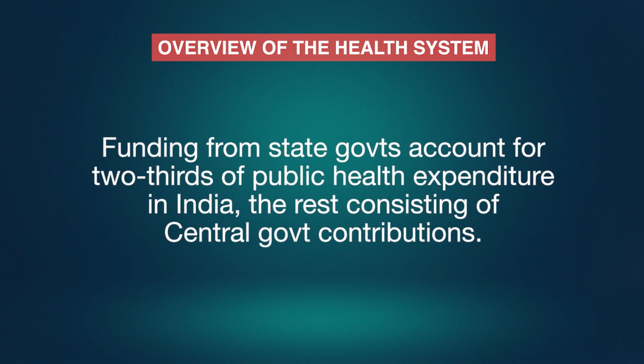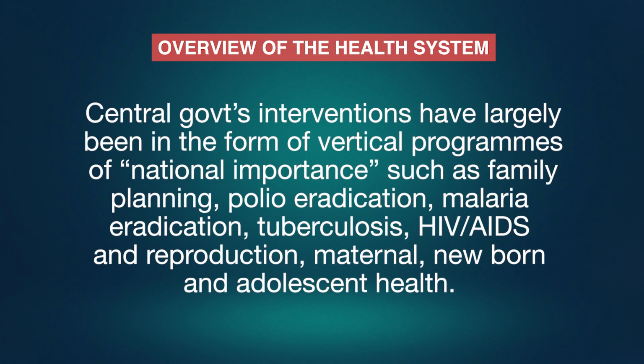Funding from state governments accounts for 2/3 of the public health expenditure, the rest coming from central government contributions. Central government's interventions have largely been in the form of vertical programs of national importance. This means that the central government has largely focused itself on specific disease prevention and eradication, such as family planning, polio eradication, malaria eradication, tuberculosis, HIV/AIDS and reproductive, maternal, newborn and adolescent health.